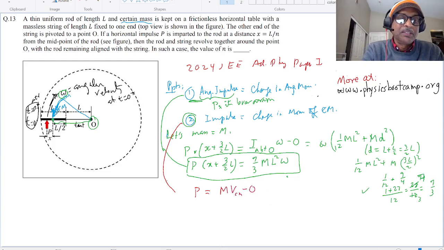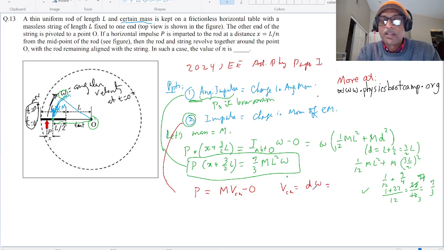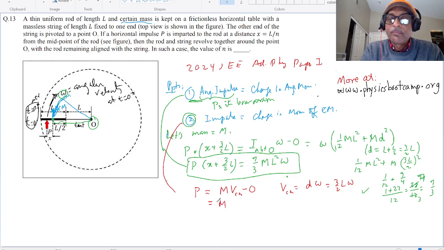V_CM is going in this radius, so it is the distance to the center of mass from O times omega, which we just figured out is 3 over 2 L omega. So 3 over 2 m L omega equals P.